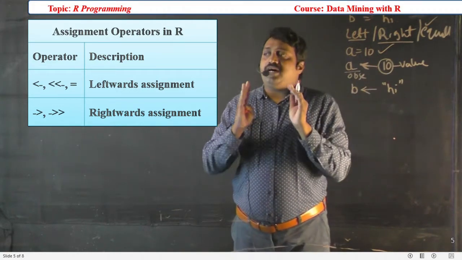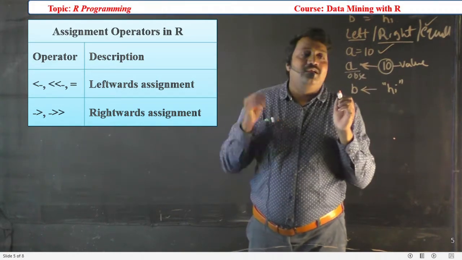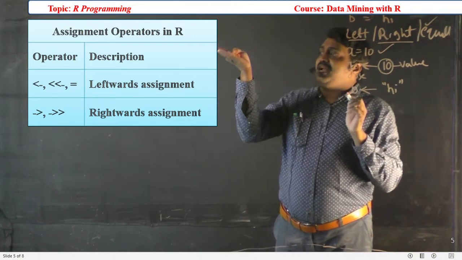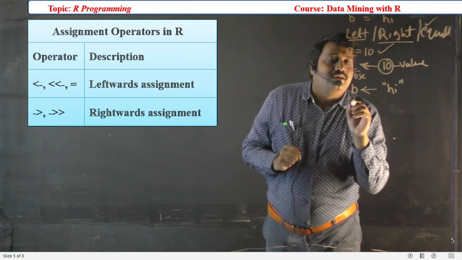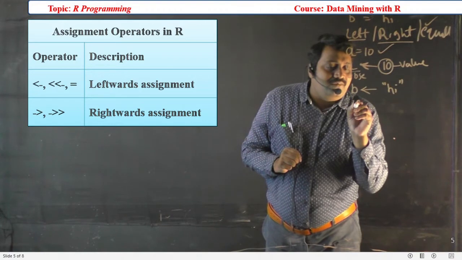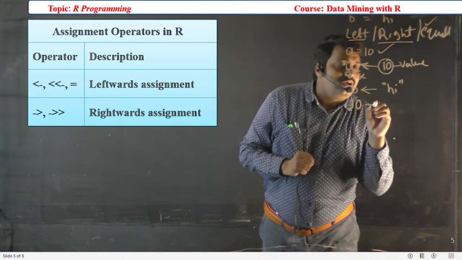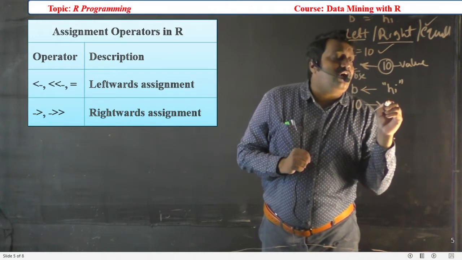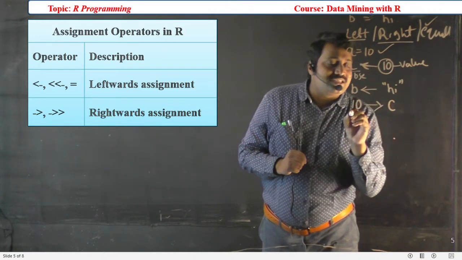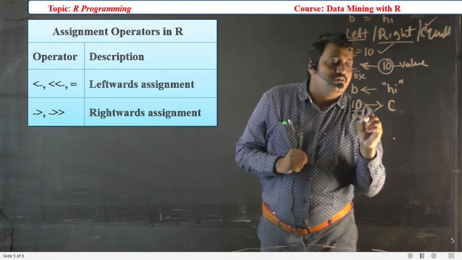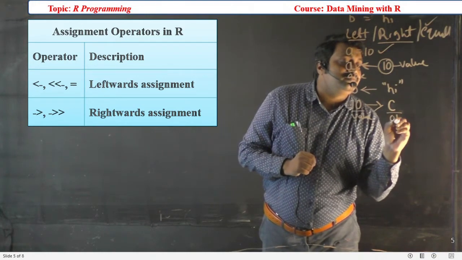Suppose I want to use the rightward direction as mentioned here. Then I take the value at the left position, 10, rightward arrow, and C. That means this is the value and this is the object.